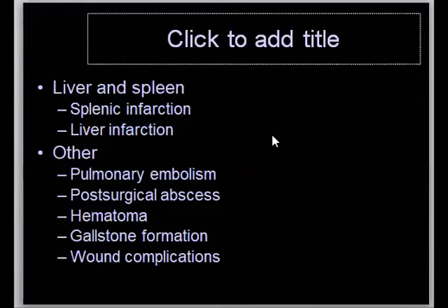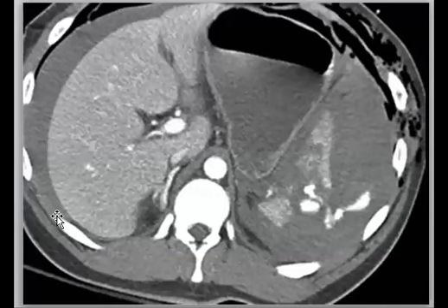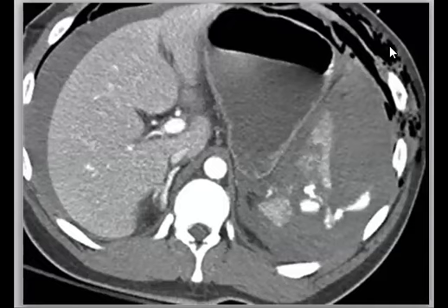This can also happen with gastric bypass complications, like splenic infarction and liver infarction and others. This one is very common in practice when you see this appearance. And look, in this phase, it should be the arterial phase.